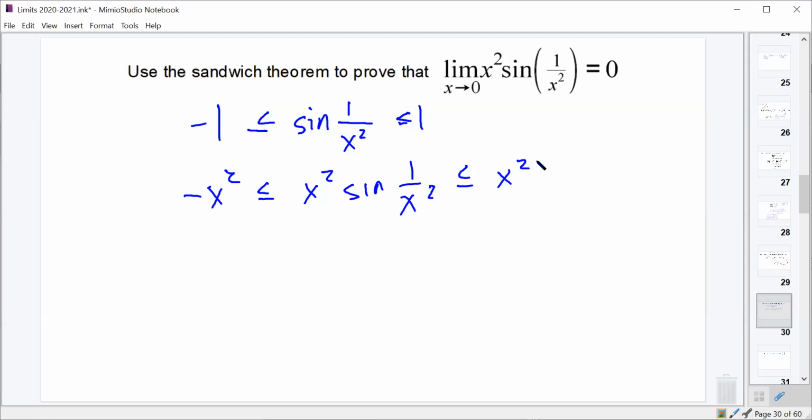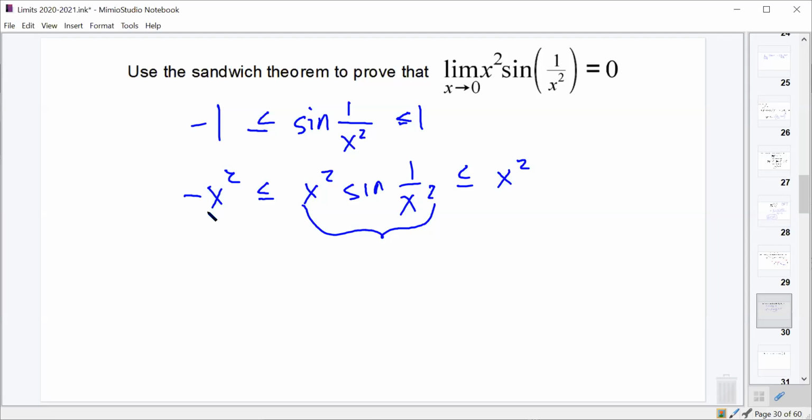Yes. All right, so now we've got the function that we are interested in the limit of sandwiched between 2 other functions. It's always going to be greater than or equal to negative x squared, and less than or equal to positive x squared.